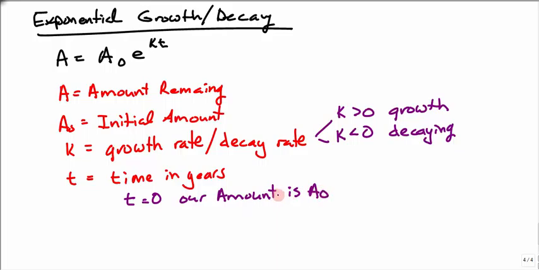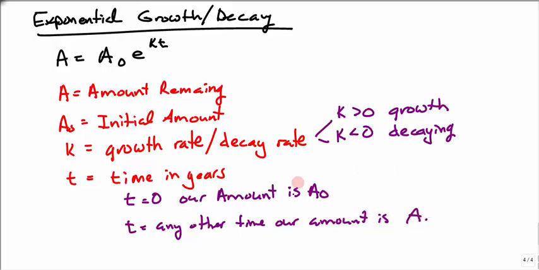At t equal any other time, our amount is represented by A. So this initial amount is either given or you're asked to solve for it, but it's always the amount that doesn't change. And then once we plug in and calculate things, then we get our final amount that we're looking at.